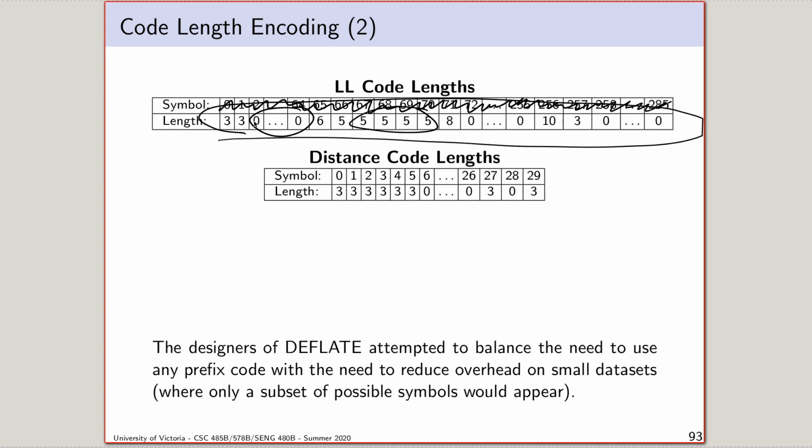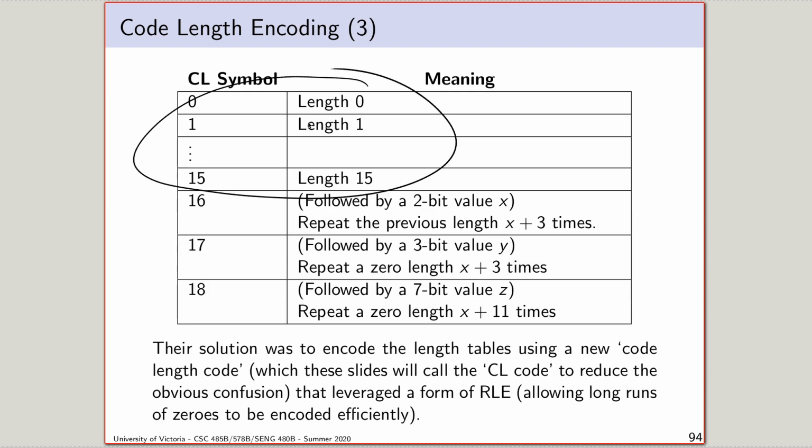So I could, 3, 3, 0, 0, 0, 0. But I also have these 3 extra symbols that I'm allowed to use for run length encoding. So if you see the symbol 16, that means I'll give you a 2-bit value, we'll call it x, and you take the previous thing you saw, and you repeat that x plus 3 times. We'll see in a minute why it's x plus 3 and not something else. So a 2-bit value here could be 0, 1, 2, or 3.